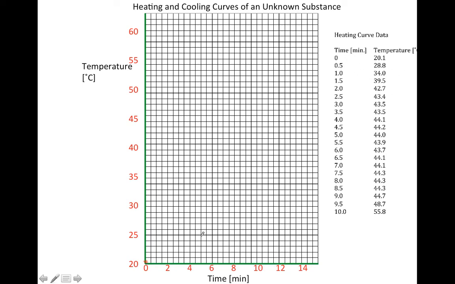At half a minute it's 28.8, so I go over to half a minute, 25, 26, 27, 28.8, and I try to put in a dot like that. Sometimes people put in X's. At 1 minute, it's 34, so I go over one more line, and I put a dot right on the line, which almost makes sense.